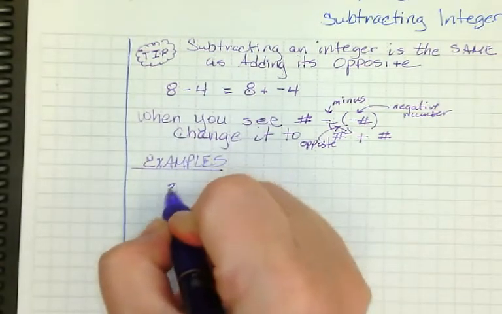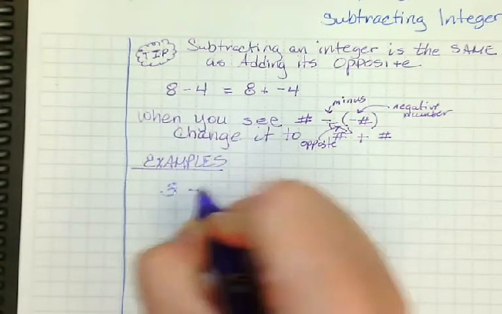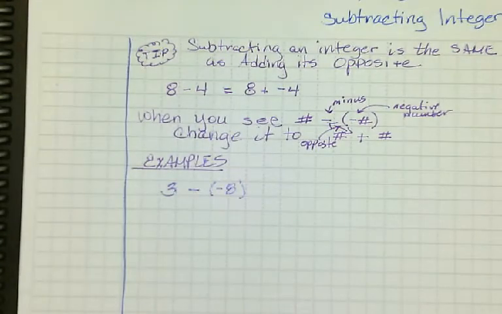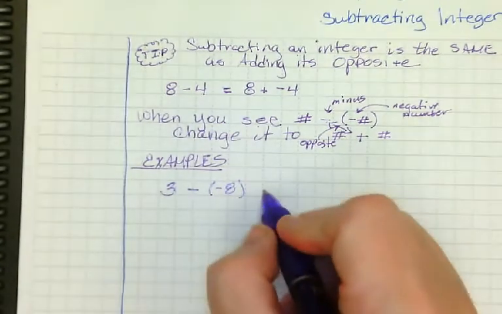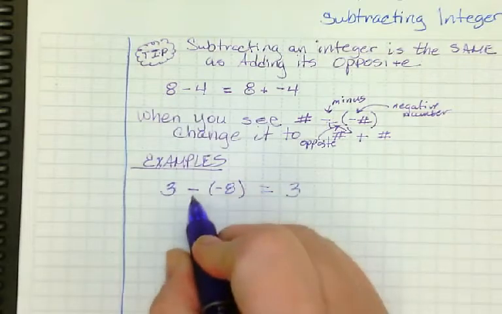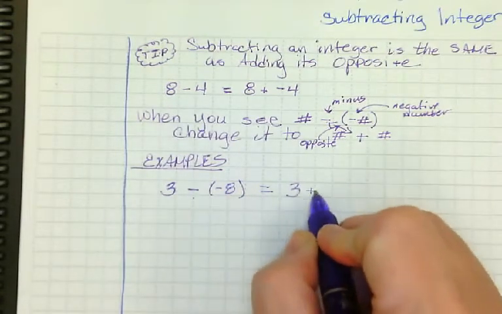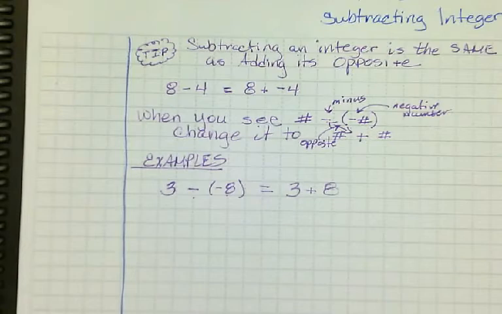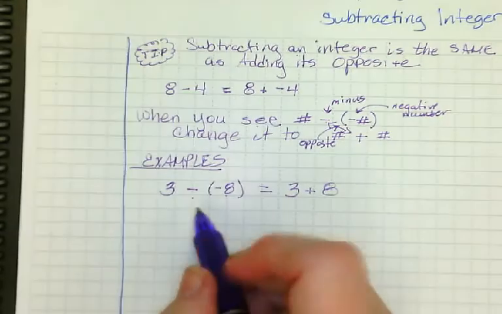So here are some actual math examples. If I've got 3 minus negative 8, that's the same thing as 3 plus positive 8. Think about this.